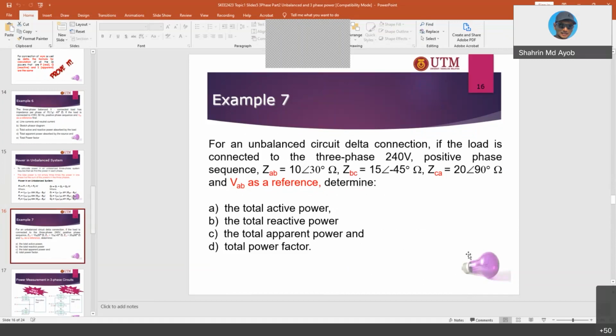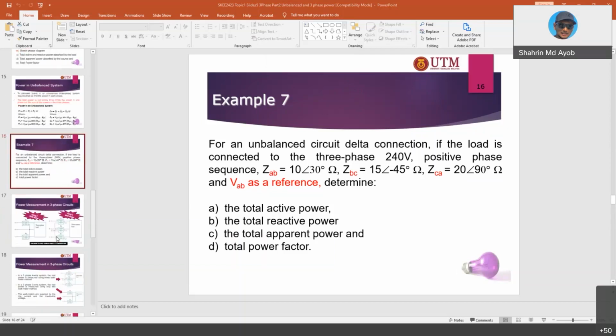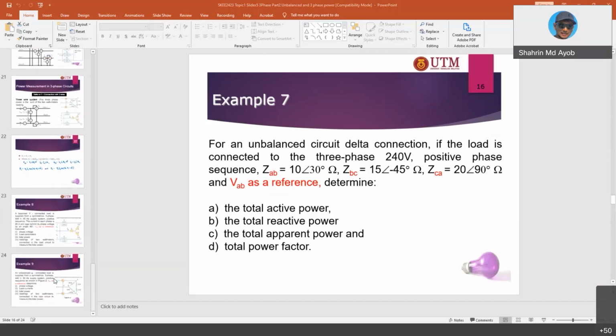Kalau example 7 ni jawapan tak ada, so susah jugalah, whether sometimes maybe I also made some mistakes. Okay, so I will share with you all the examples from the textbook, with the answer. Okay, for example 7, and for example 9, no. I haven't done that.